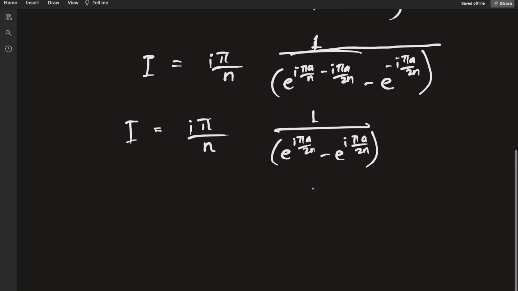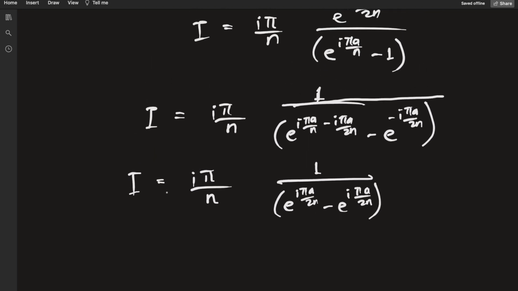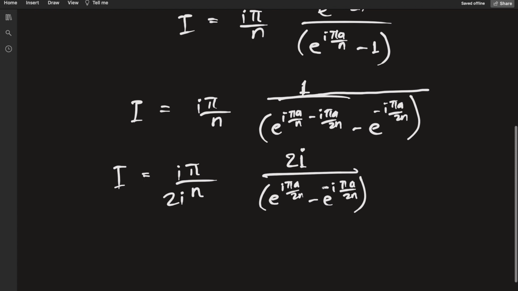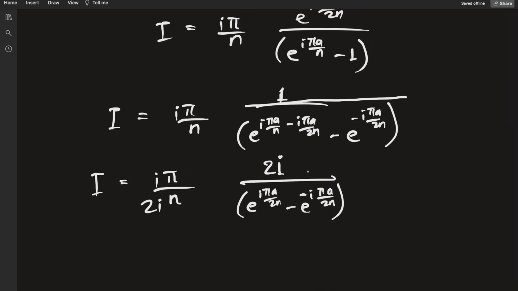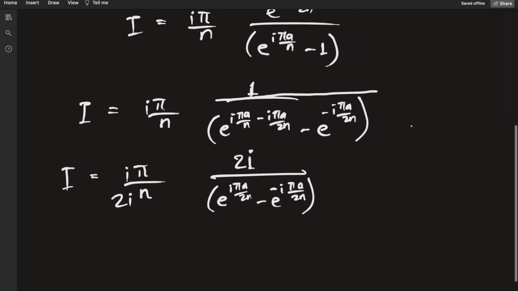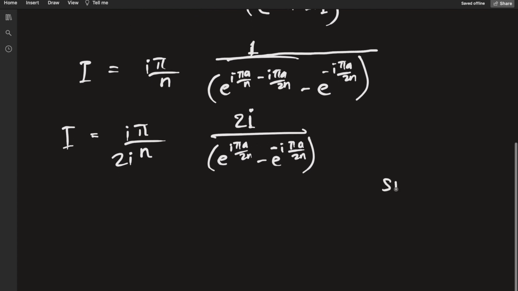Now I would like to do a clever thing. I would like to multiply and divide by 2i, because if you remember Euler's formula, this is negative by the way, sorry. If you remember Euler's formula, sine theta can be expressed as e to the i theta minus e to the negative i theta over 2i.